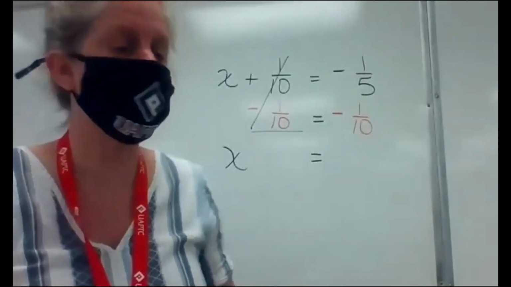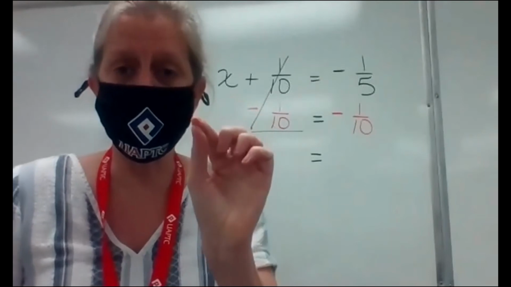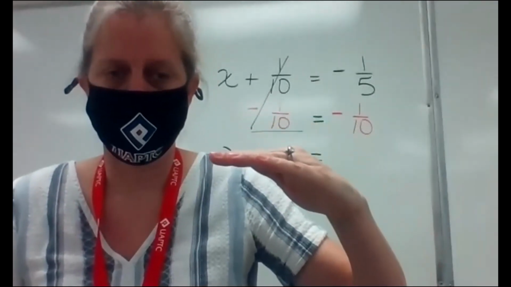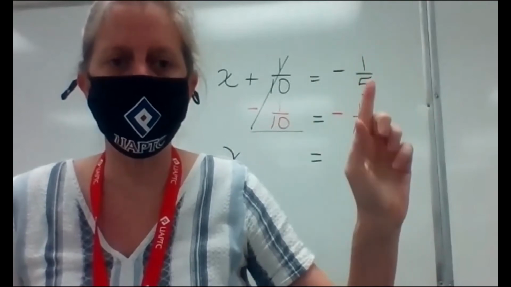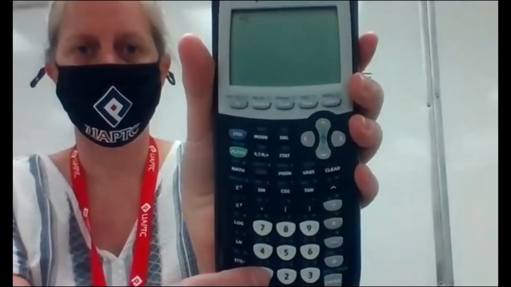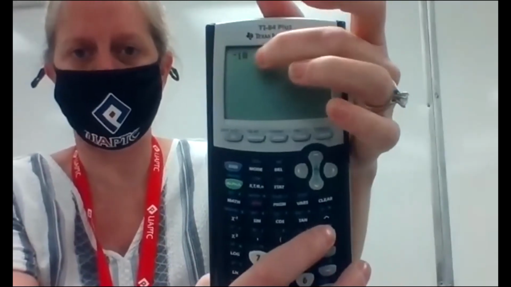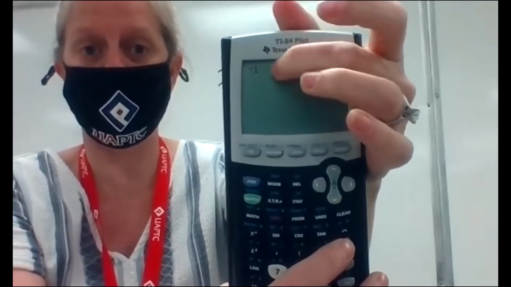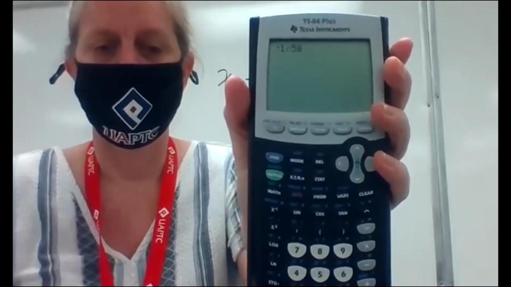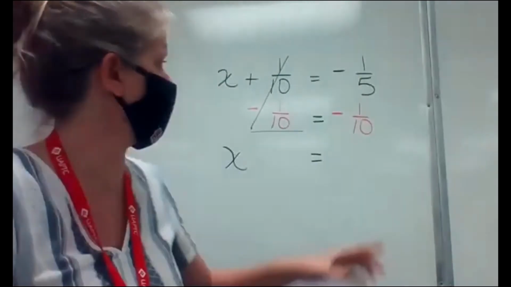To type in a fraction, because now I want to type in 1/5, the division button is your fraction bar. So I put in 1, hit your division button, and look what pops up when I hit my division button: a fraction symbol. 5. So negative 1/5. What's next?